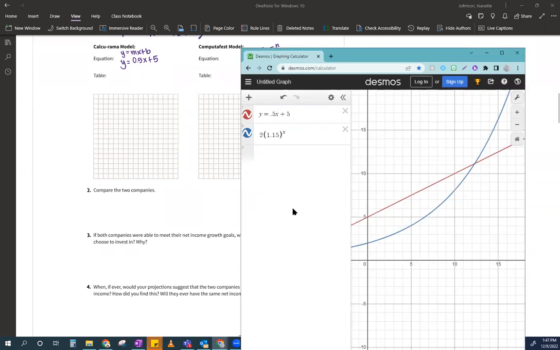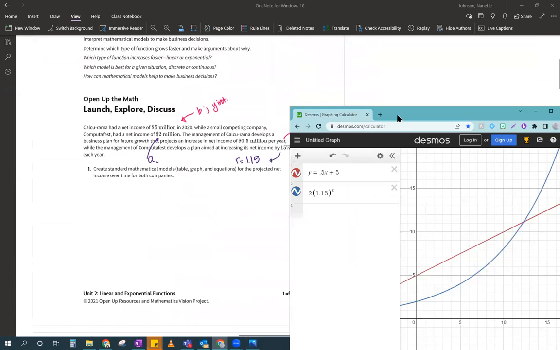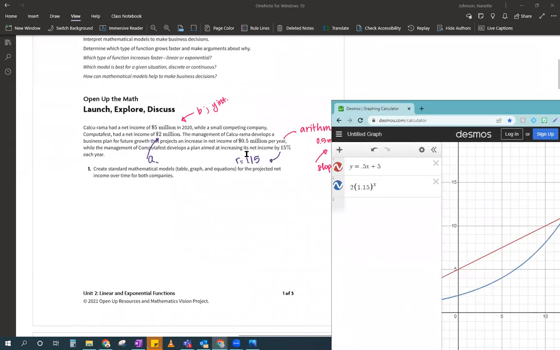So, how do I say this? Doesn't this company sound amazing? Oh my gosh, their net income is increasing at $500,000 every single year. Right. $500,000 per year is really impressive, right?